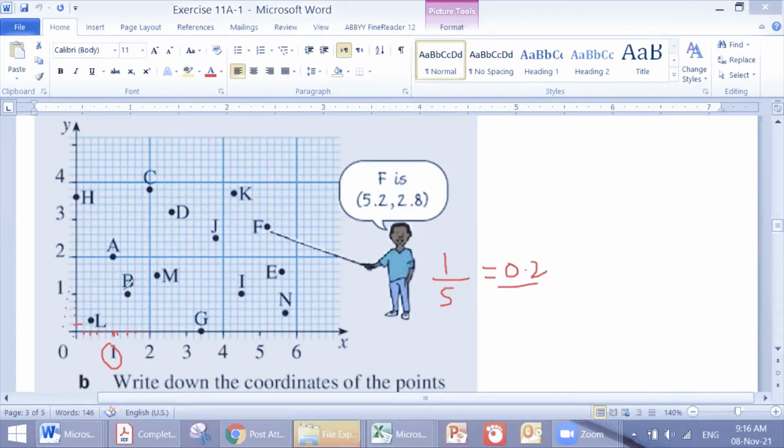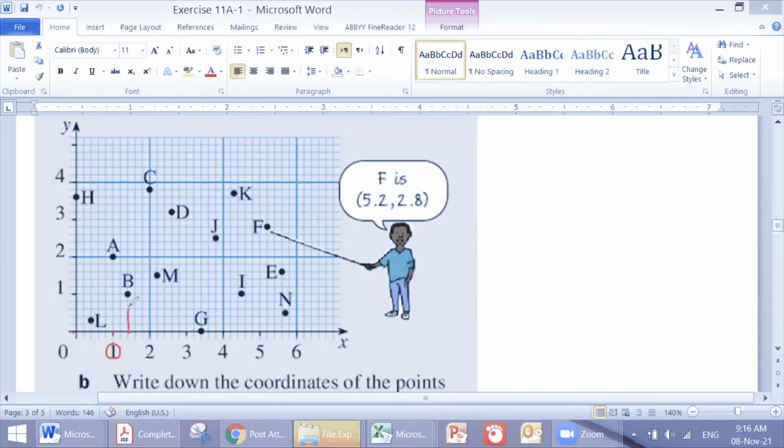So for example, this point B, where it is lying, you will count it. It is starting from 1. You don't need to count from 0 because it is written here that you can start from 1. And now the small division is 0.2. I will add 0.2 here: 1.2 and 1.4.